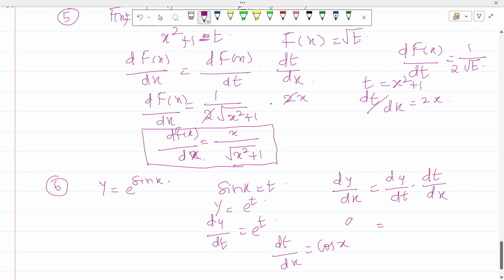So substitute here: dy by dt is e power t, dt by dx is cos x. So that is e power sin x into cos x.